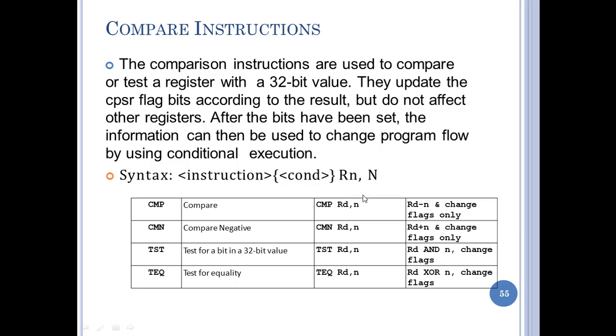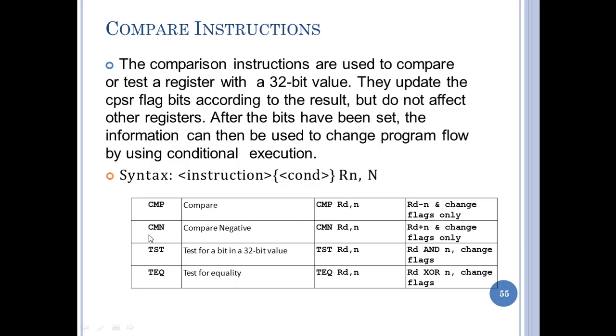We will see the difference between the normal arithmetic subtract instruction with status update, SUBS, and compare. Your compare instruction doesn't update the register content, whereas your SUBS instruction will. We will see that using a simple program.